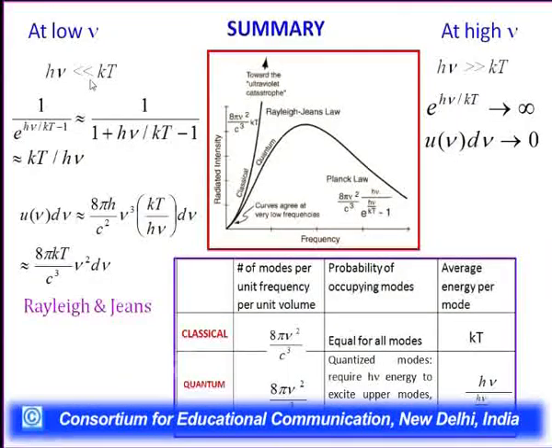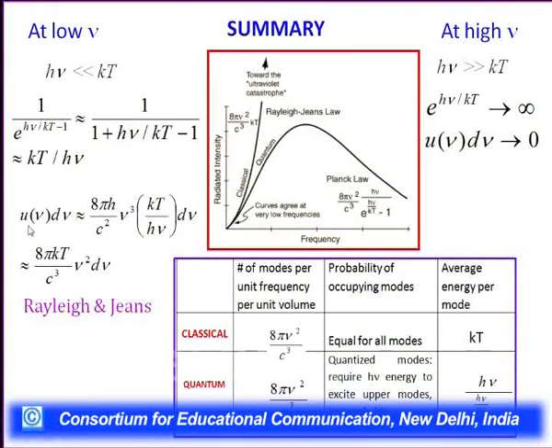Here we define at low frequency we have h nu much less than kT. Then the term 1 by e to the power h nu by kT minus 1 will reduce to 1 by 1 plus h nu divided by kT minus 1, which is equal to kT divided by h nu. Then we put this value in the previous equation.